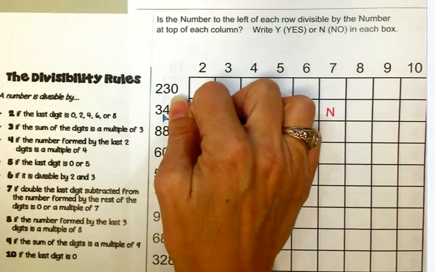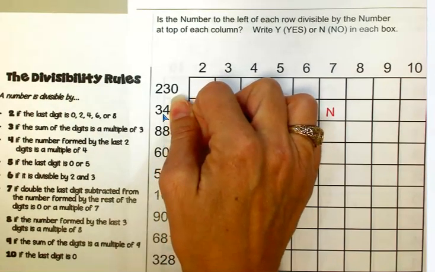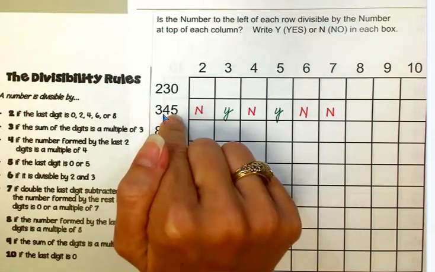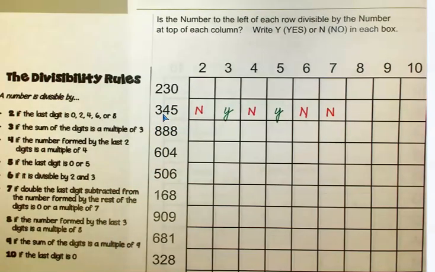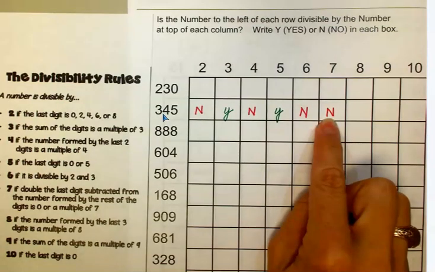So the number formed by the rest of the digits is 34. 34 minus the 10 is 24. 24 is not a multiple of 7, and it's not a 0. So no.